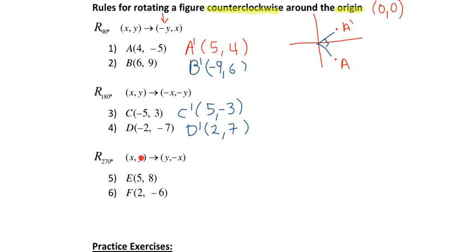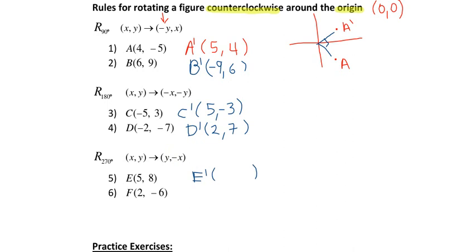So one more time, the values of x and y are switched. So you need to switch the positions. The value of y stays the same as it was in the original point, but the sign of the x value changes. So with that, we can find E prime.